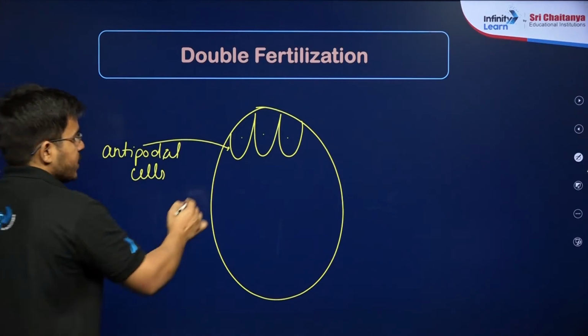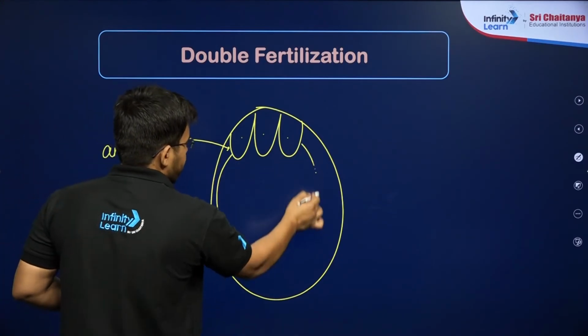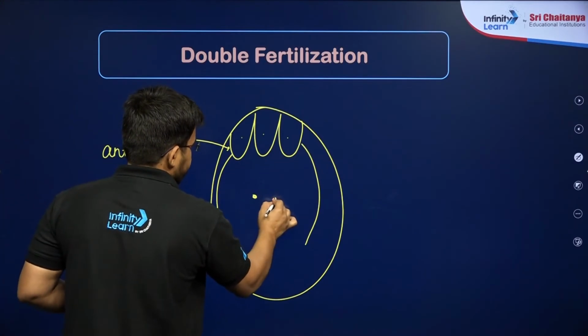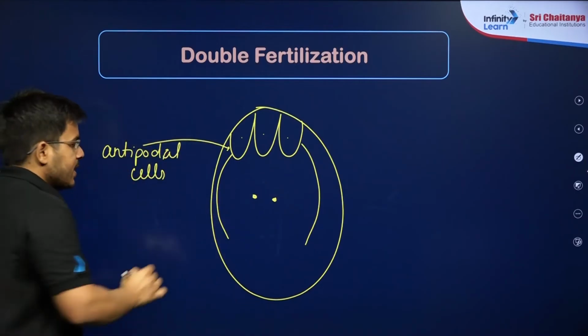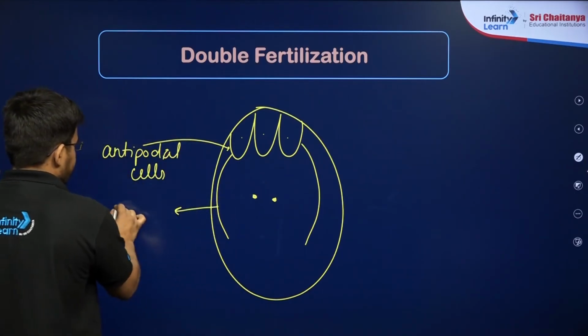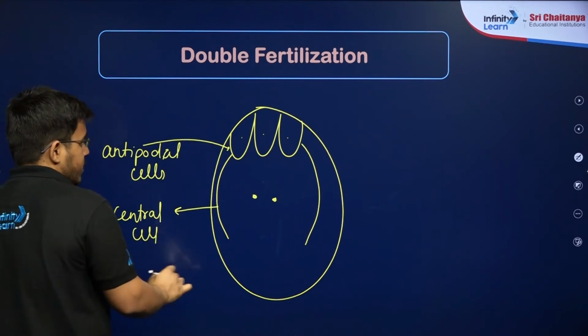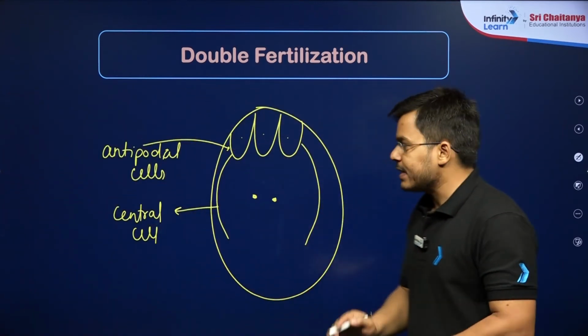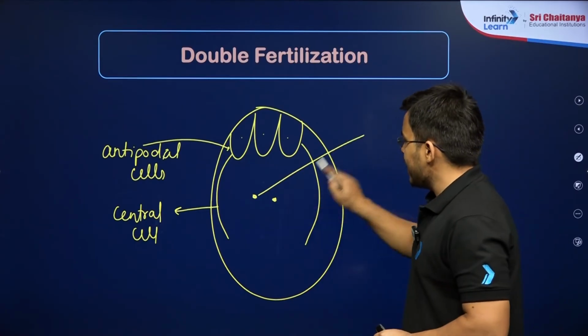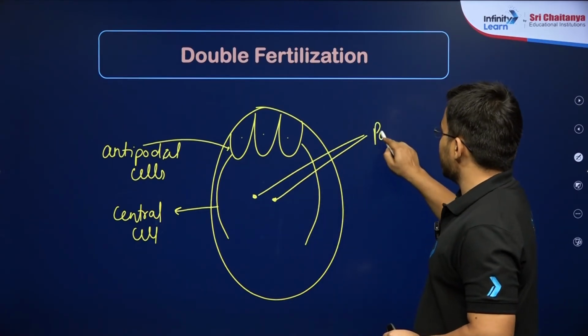After that, in the center, there is a big cell having two nuclei. This cell is known as the central cell, and the two nuclei present inside it are known as polar nuclei.